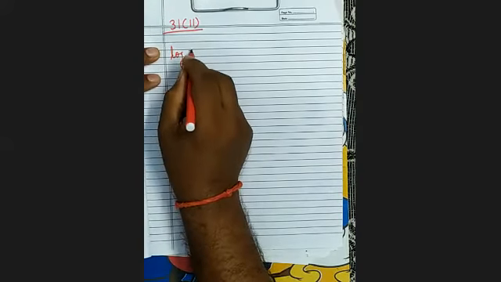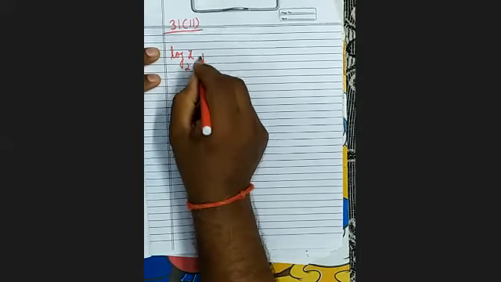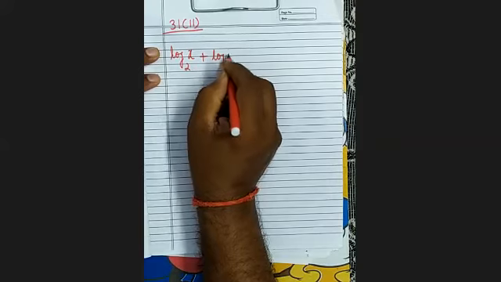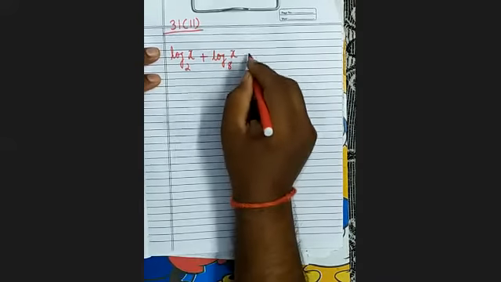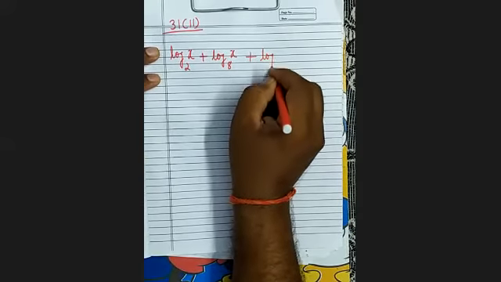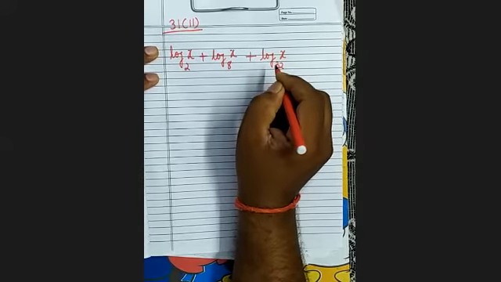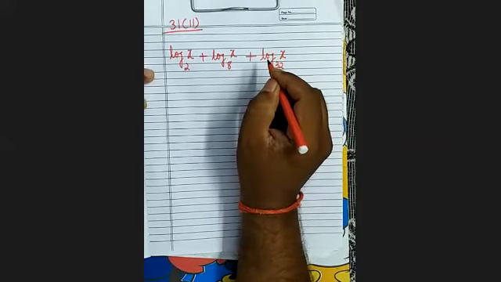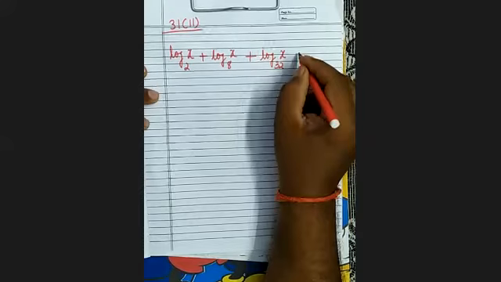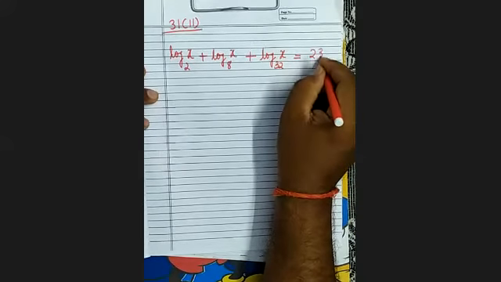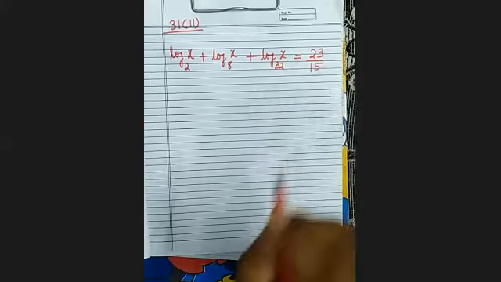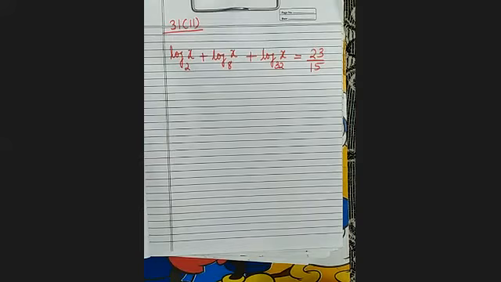So it is log x to the base 2, plus log x to the base 8, plus log x to the base 32, equal to 23 upon 15. You have to find the value of x.